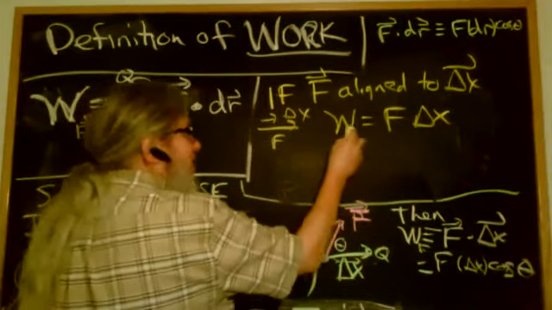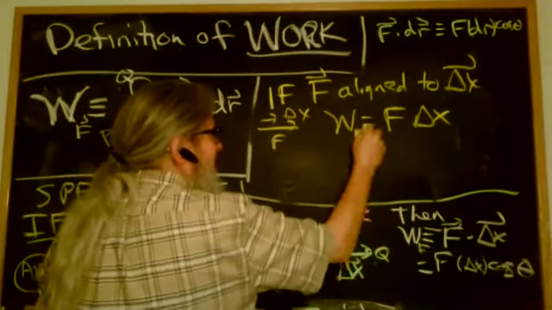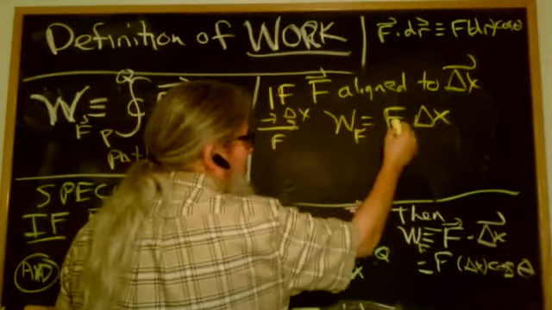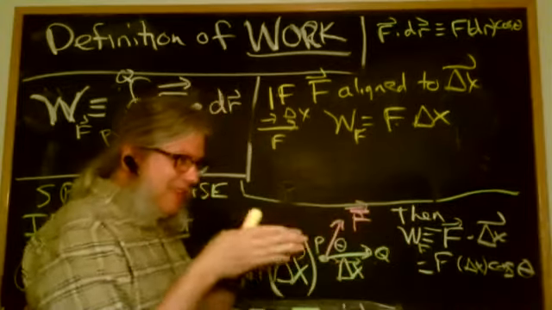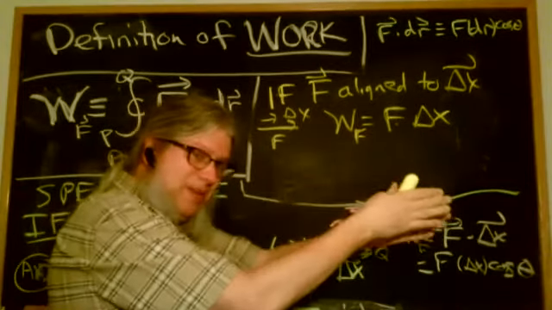Make sense? In other words, the work associated with a force is always equal to the force times the distance only in the special case that the force and the displacement are in the same direction.